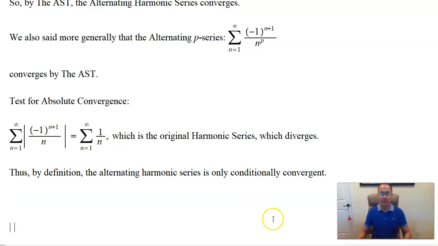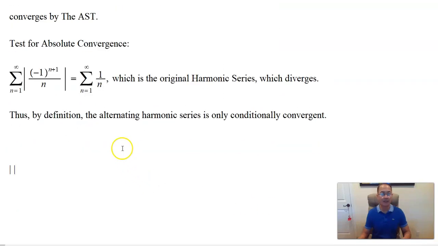Okay, so let's stay with alternating p series though, and let's manufacture a couple of other examples. I believe we may have talked about something like n to the 7 over 5.